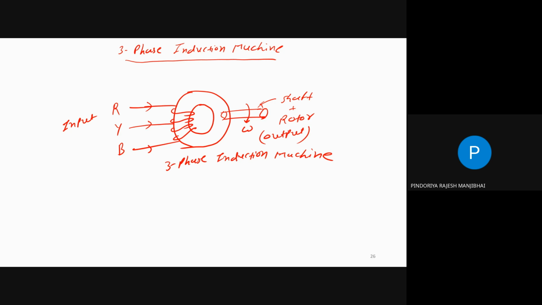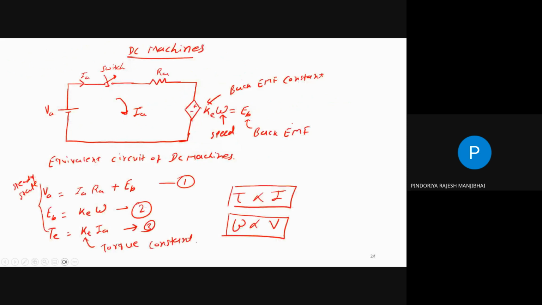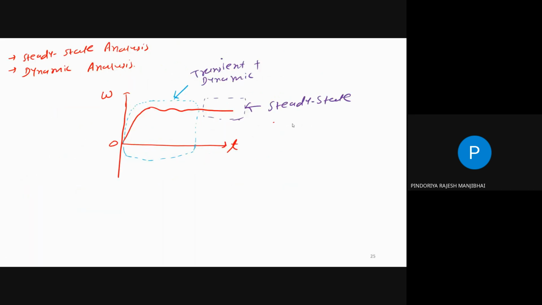Okay. So what is the equivalent circuit for this three-phase induction machine? Correct. So we saw the equivalent circuit for the DC machine. So now what is the equivalent circuit of the induction machine? So we can say, yes, supply, because induction is an AC motor, so AC supply, then resistor, then inductor.